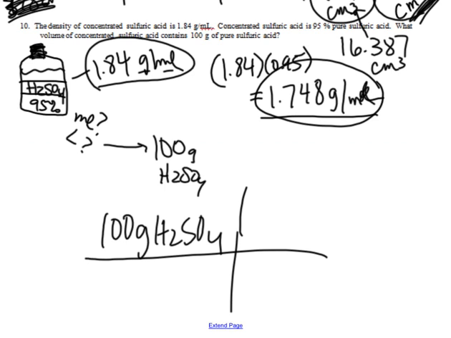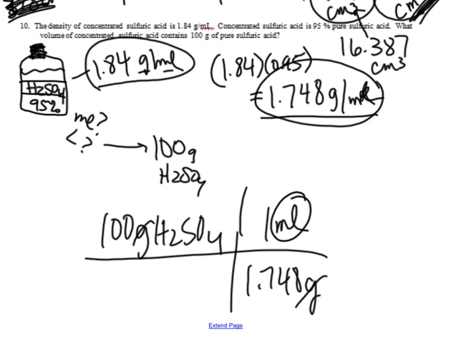What does this actually mean when we're doing dimensional analysis? Right. It means 1.748 grams over 1 mil. But we're not going to put it in this way. What are we going to do? We're going to flip it. For every 1 mil, it has a density of this, so there's that many grams for every 1 mil. Do you see how now grams cancel? And what do I have? Mils. Isn't that answering the question?